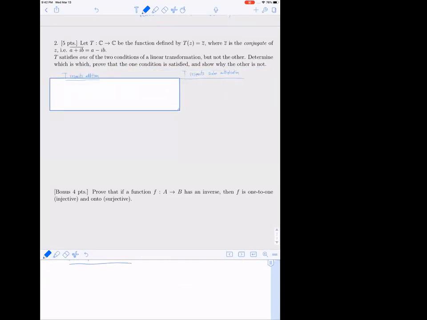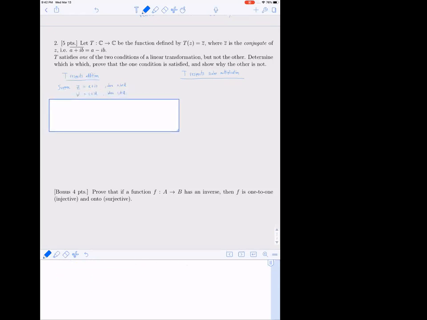All right, so what does it mean to say that T respects addition? Well, suppose we have two complex numbers in C. Well, a complex number, of course, has the form a plus ib, and maybe c plus id, where a and b are real numbers, and where c and d are real numbers.